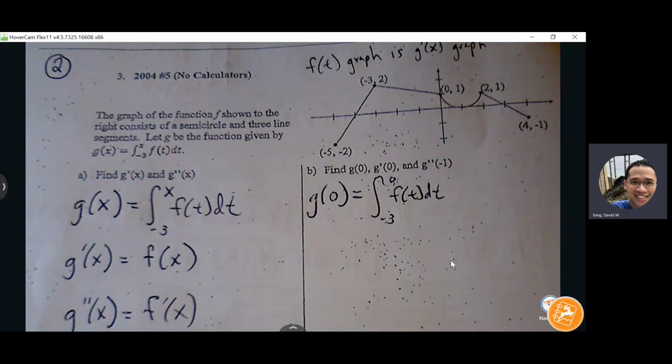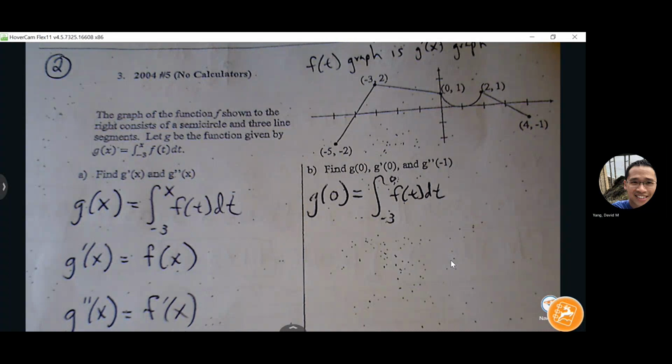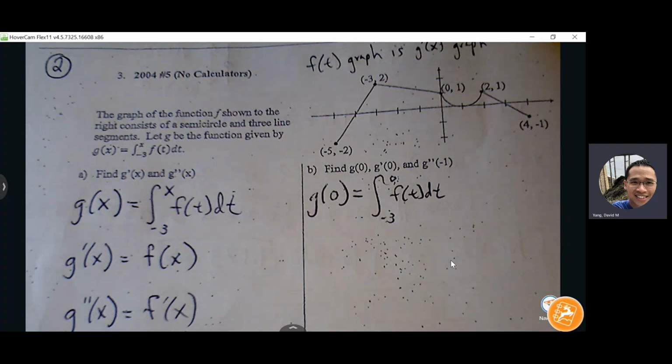We just have to figure out the area between -3 and 0, between the graph and the x-axis.